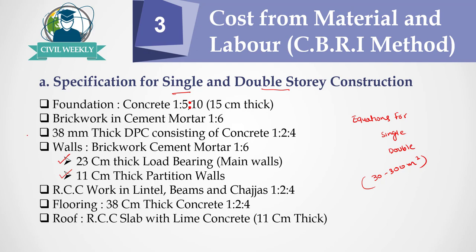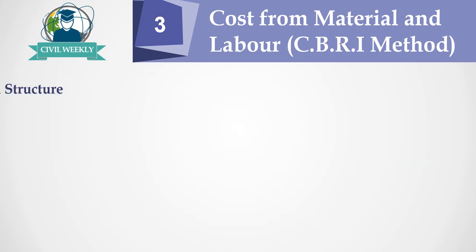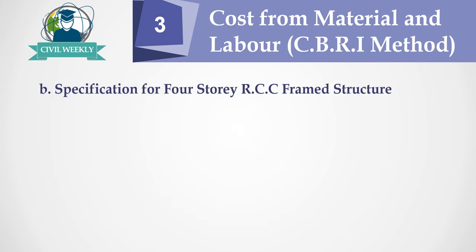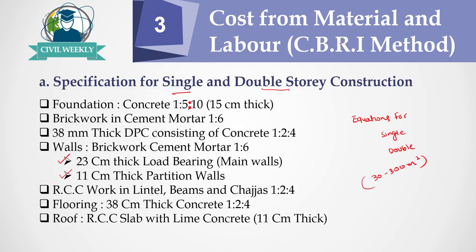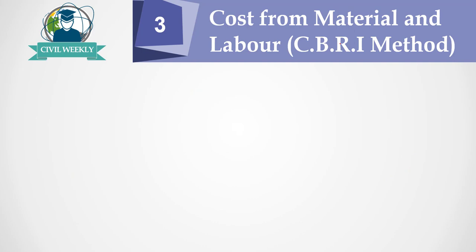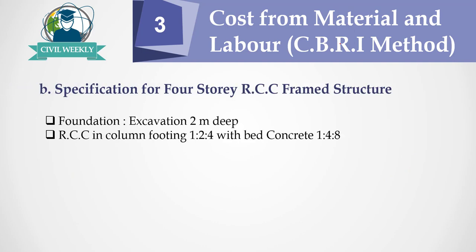As these equations were developed from this particular specification, the specification should be nearly the same for you to use it. Similarly, for 4-story buildings we use similar specifications with some minor modifications, which are mentioned here.